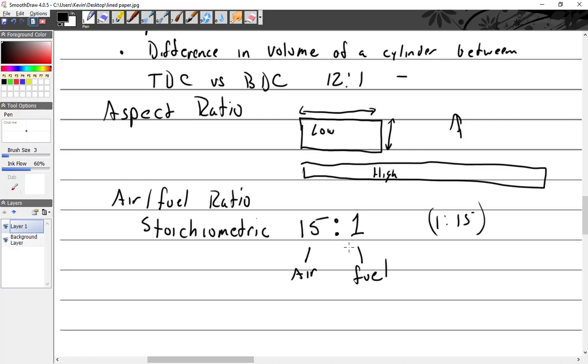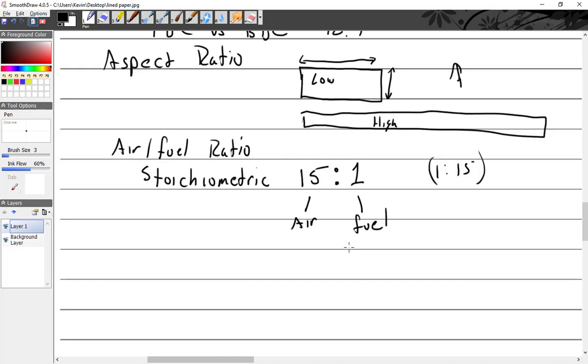I prefer, just the way I think when I talk about fuel-air ratios, what's a lean mixture? 12 to 1? No. There's lean and there's rich. Rich is too much fuel, so I'm losing what?